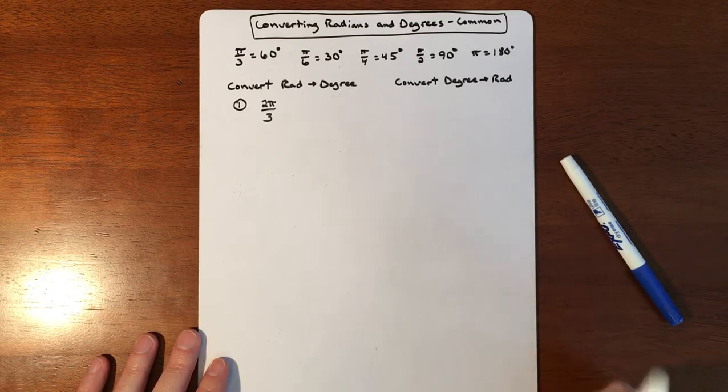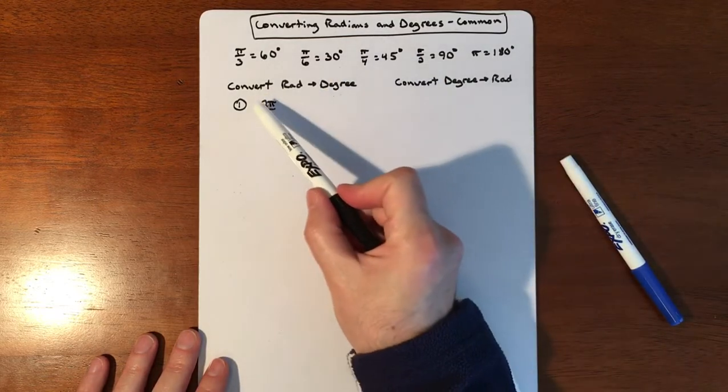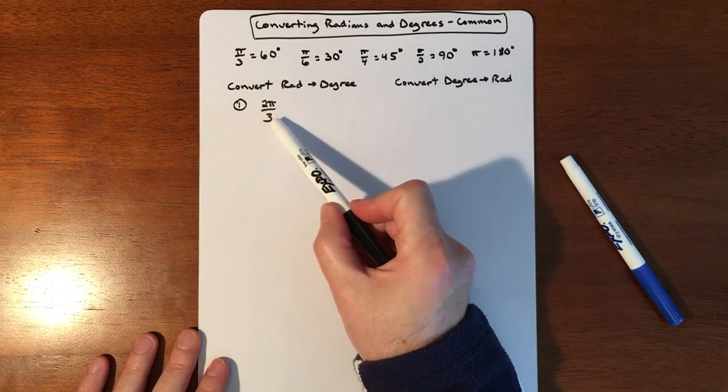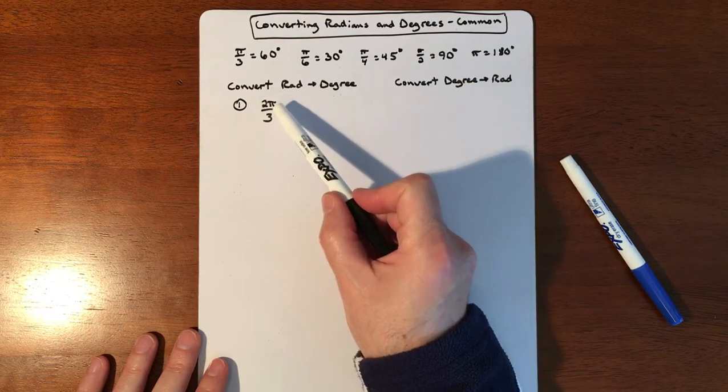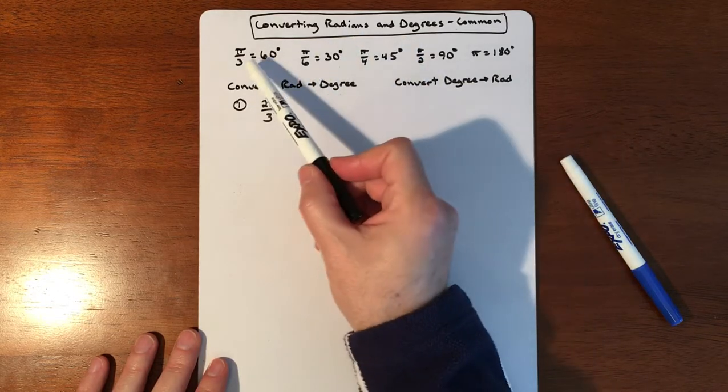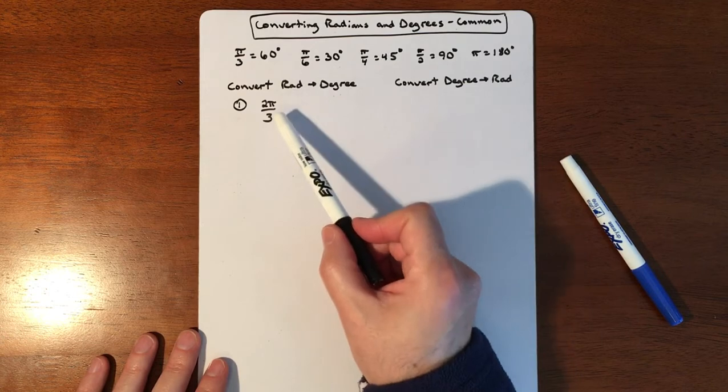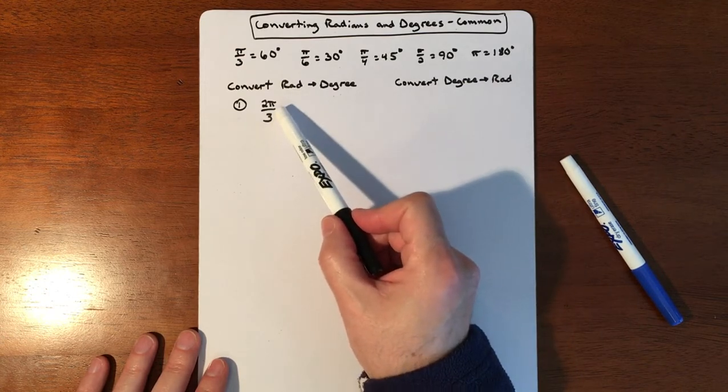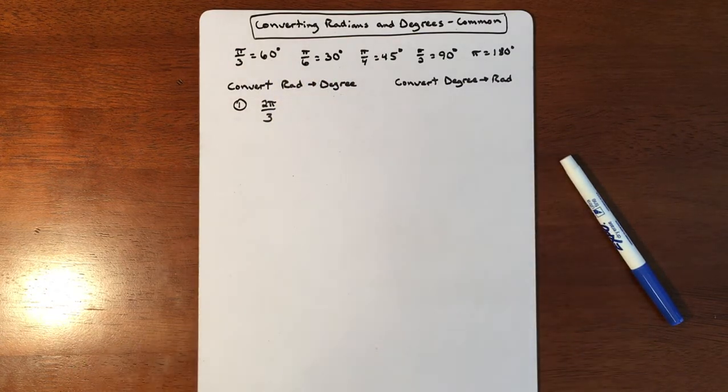So the biggest thing also is when you're talking about 2 pi over 3, you have 2 pi over 3s. So if 1 pi over 3 is 60, 2 pi over 3s is going to be 2 60s.